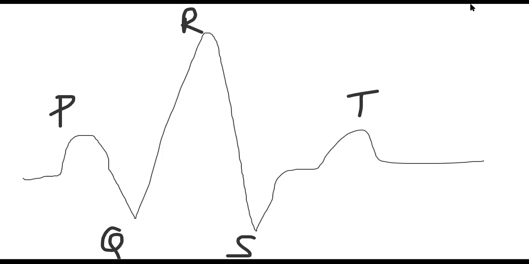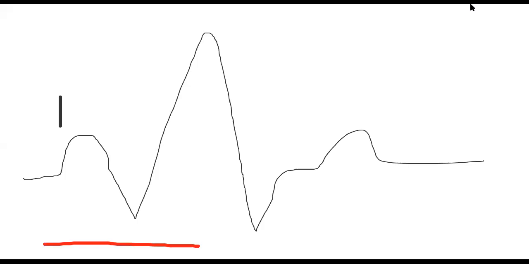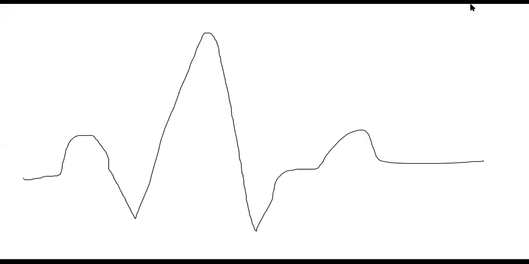And now we'll go with the intervals, with the red color. This is the PR interval, the atrial systole.